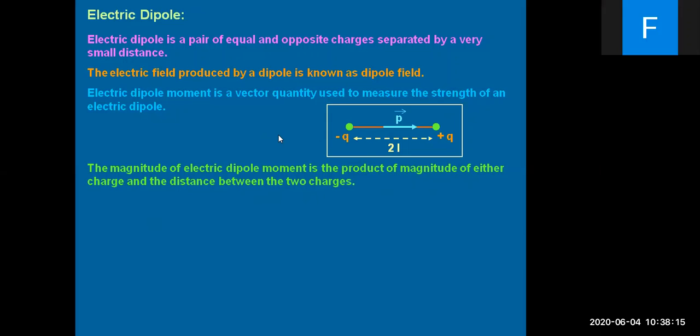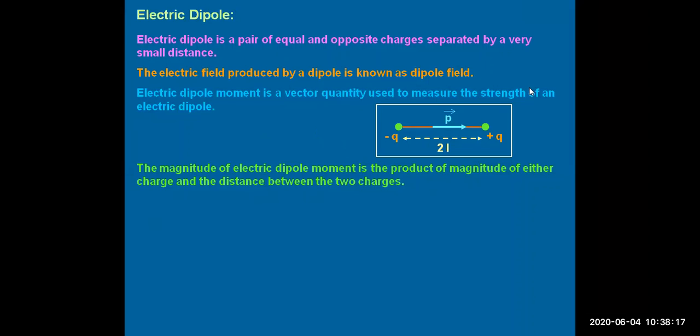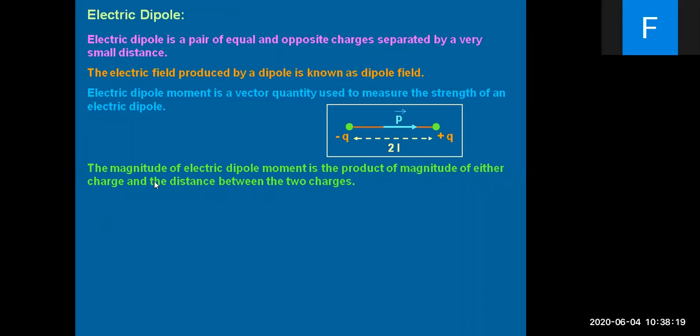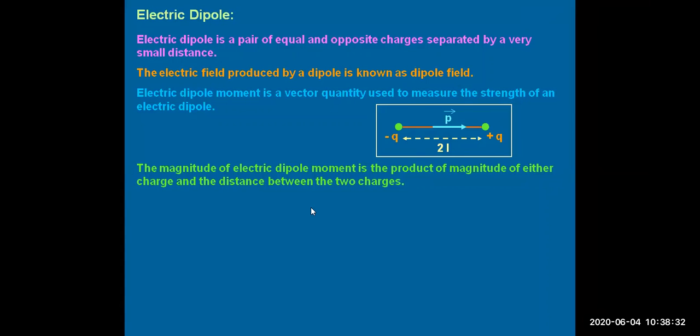That's why we wrote the formula as Q into 2L, meaning to say magnitude should be the product of one charge and the distance between them. So you just keep in mind P equals Q into 2L. That is the formula for electric dipole moment.